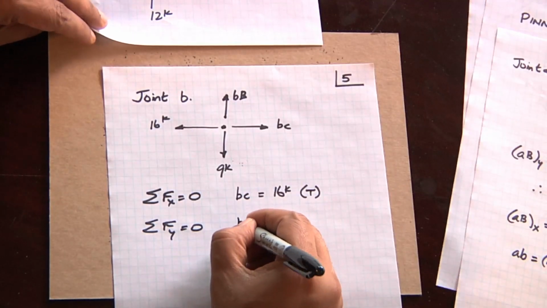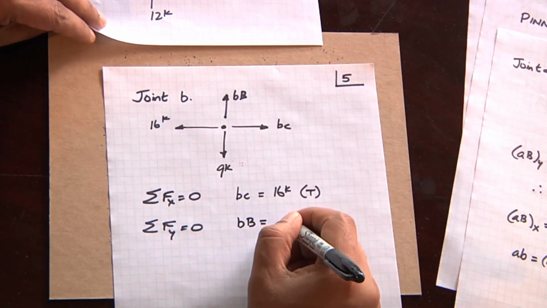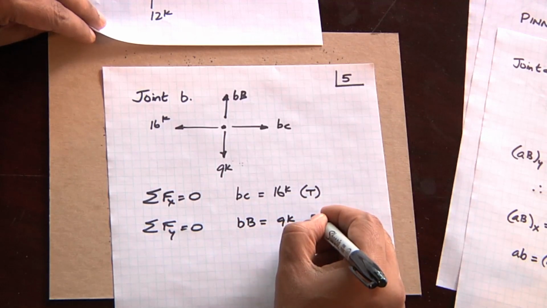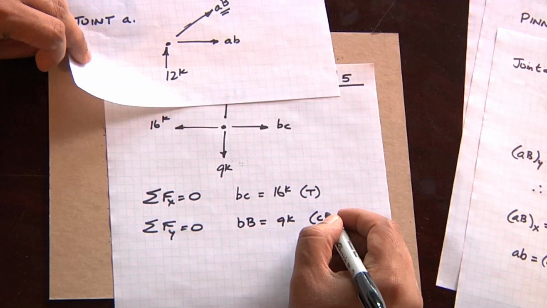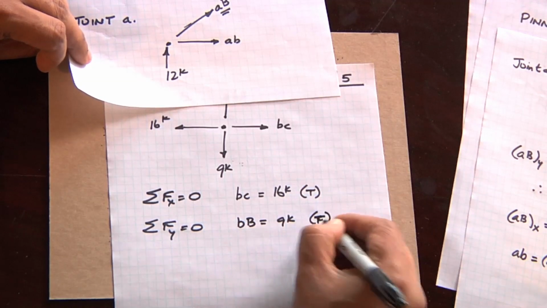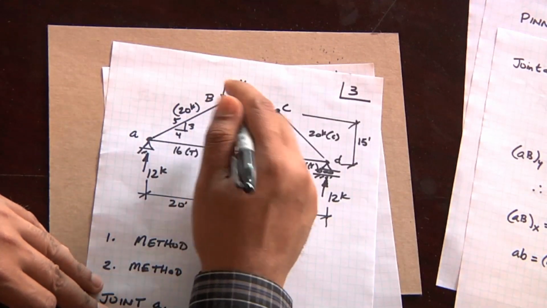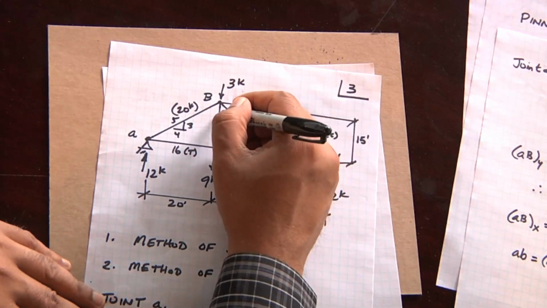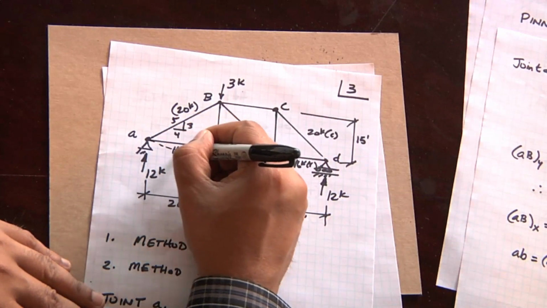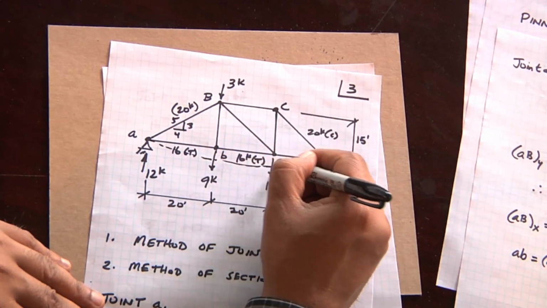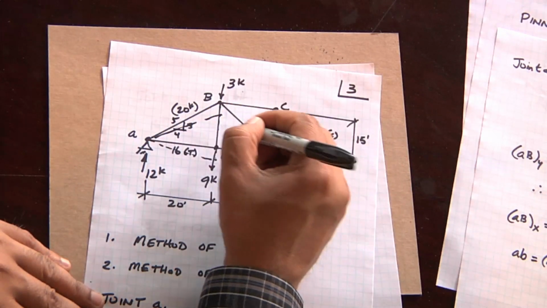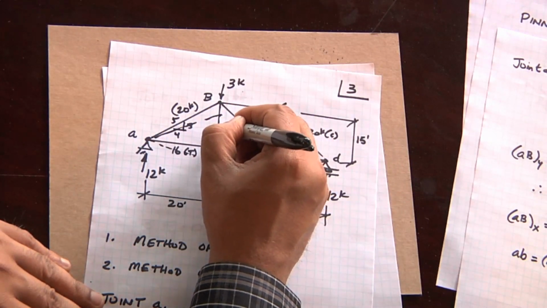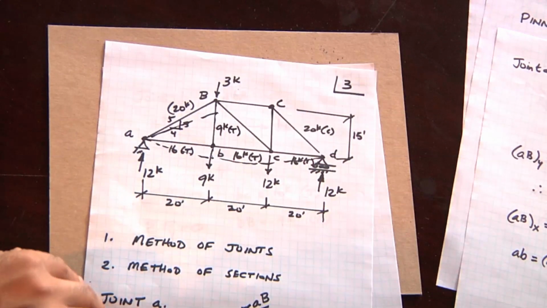The sum of the forces in the Y direction tells us that B capital B must equal 9 kips, and that has to be in tension also, not a compression. That has to be in tension because this is pulling. This chord is extending down, so if we drew the deflected shape it would look like this, and this chord is getting pulled. So this 9 kips is in tension.